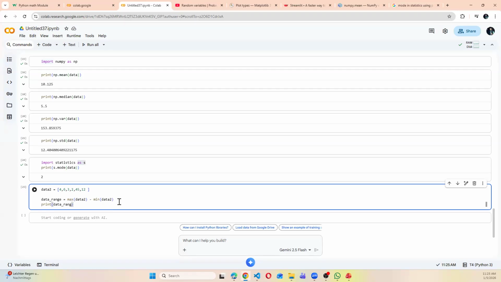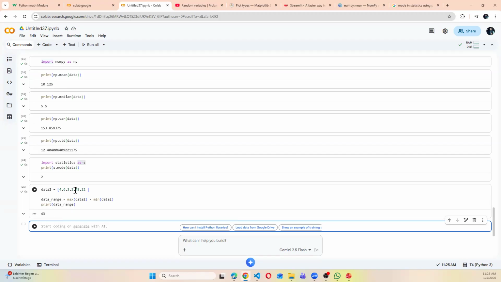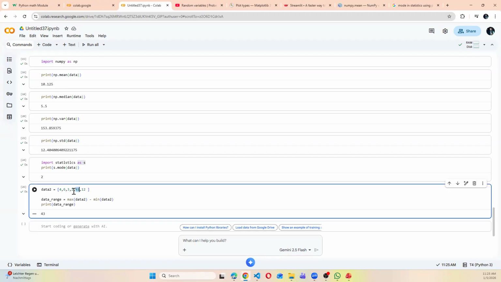The range is 43. If 45 is the biggest number and the lowest number is 2, 45 minus 2 is 43.